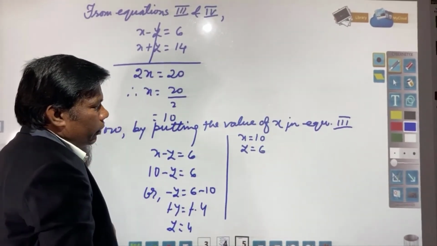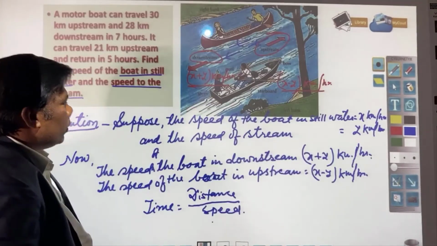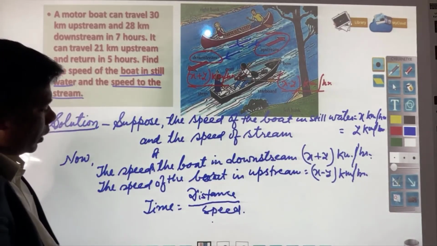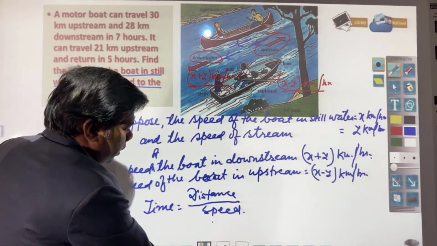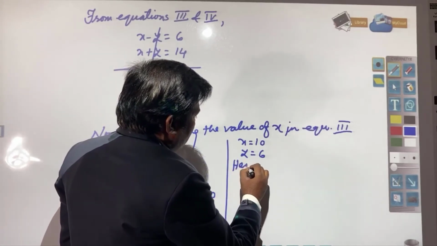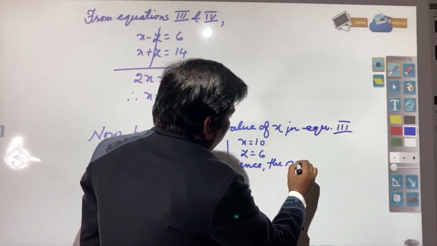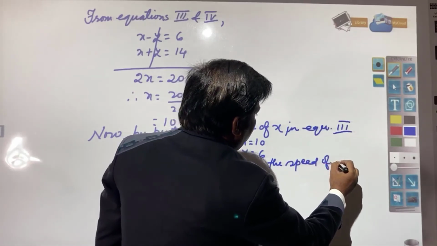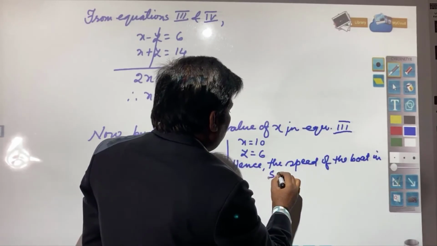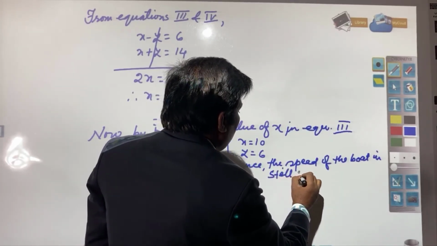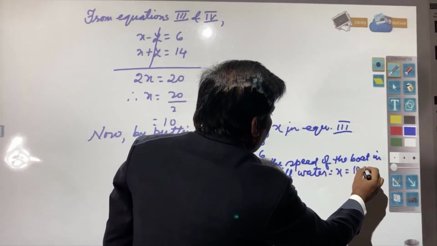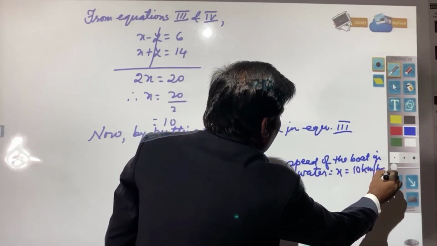So finally you have got x is equal to 10 and y is equal to 4. So your answer is what? What you had to find out was the speed of the boat in still water, and that we assumed as x. Hence the speed of the boat in still water is equal to x, and that is 10 km/h.